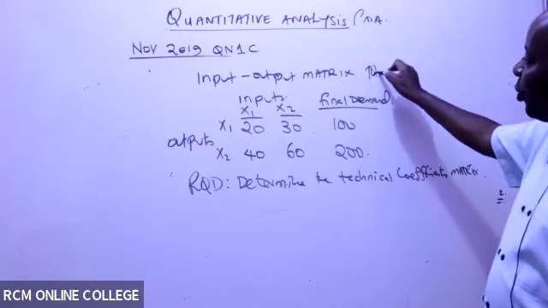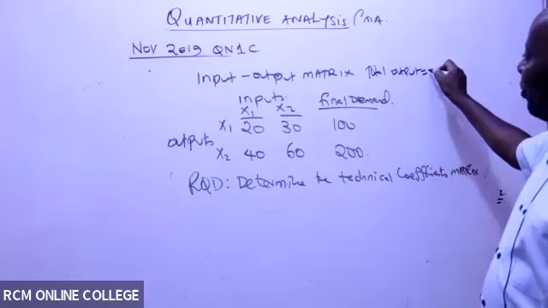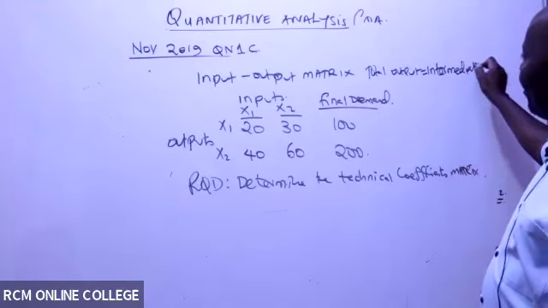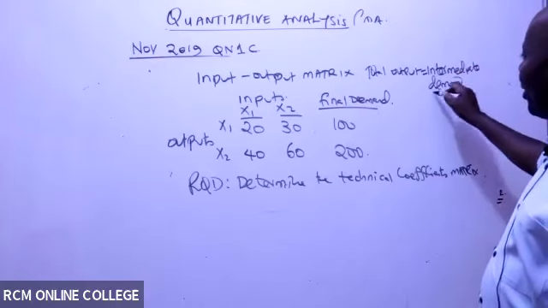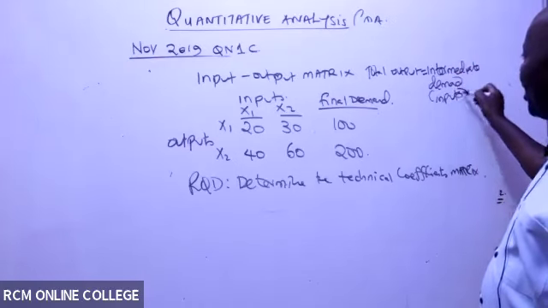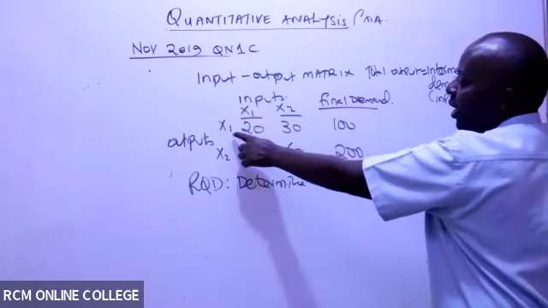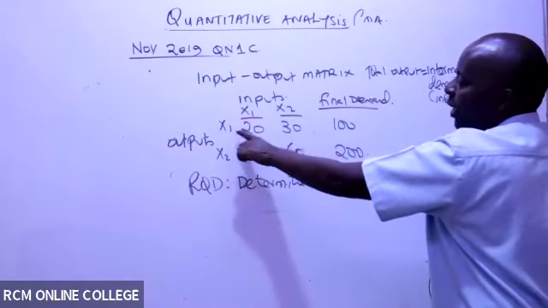The total output will be equal to intermediate demand, or intermediate inputs, plus what we call final demand, or consumer demand.